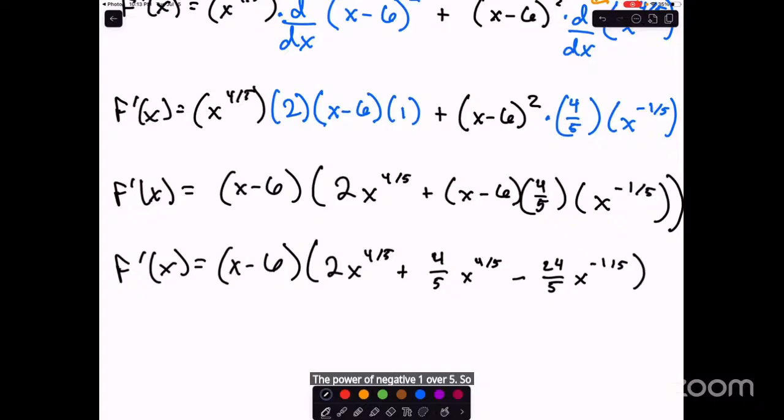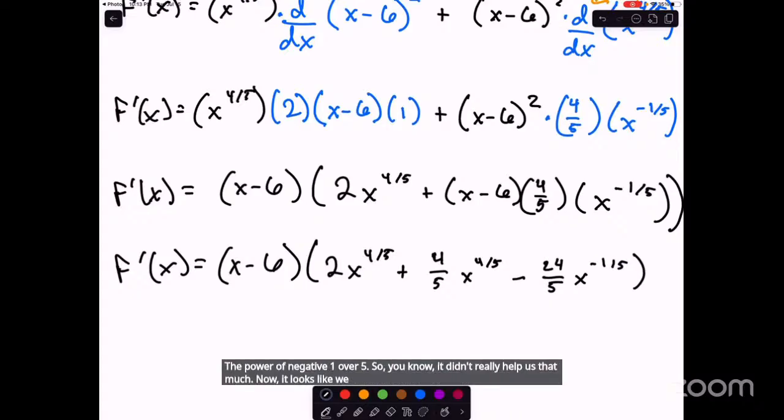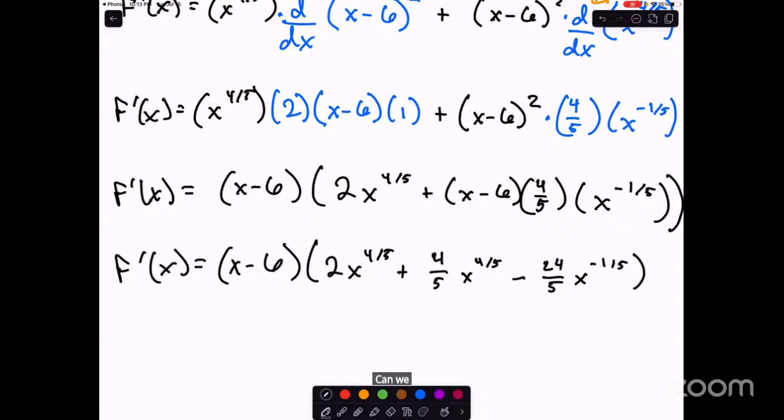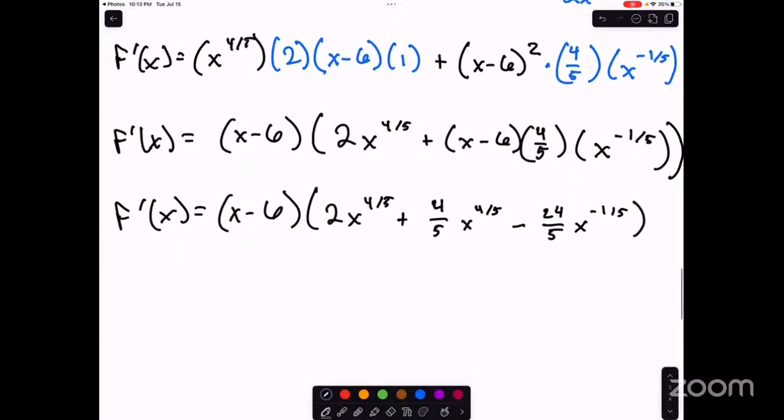So, you know, it didn't really help us that much. Now, it looks like we got some terms that will combine a little bit. Can we factor out that 1/5? We might be able to. Let me keep going.